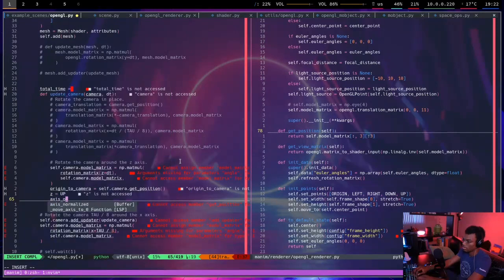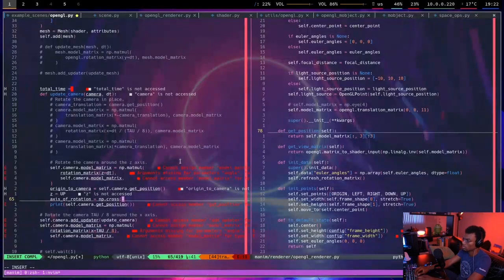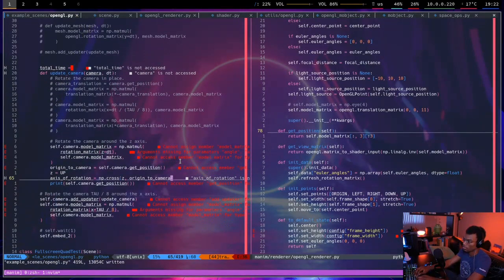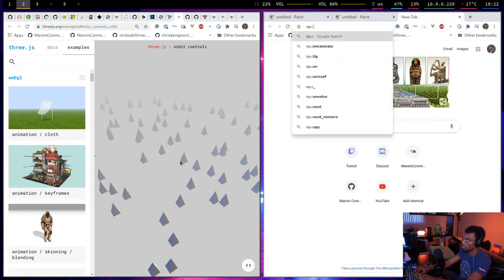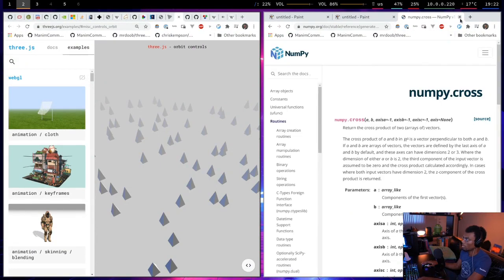So axis of rotation equals, is this a real function? I don't know if it is. I guess so.